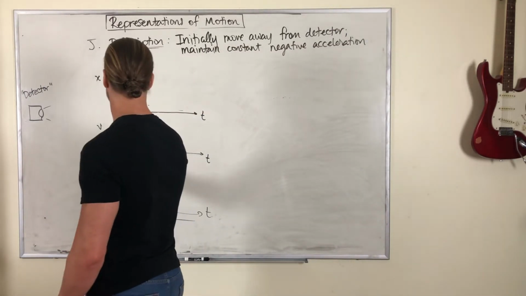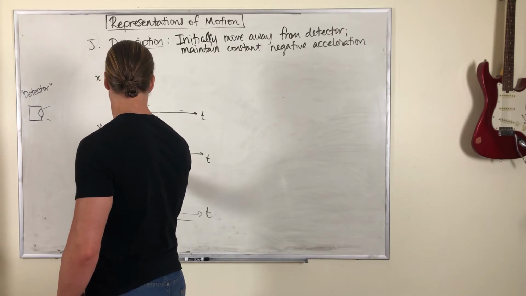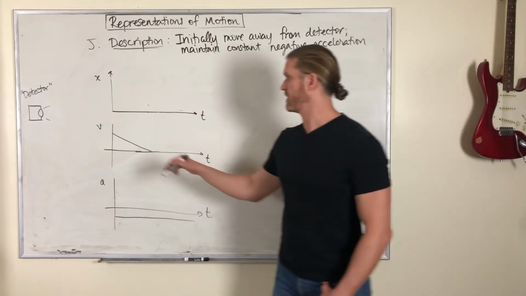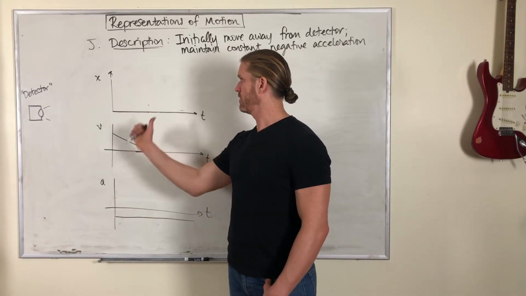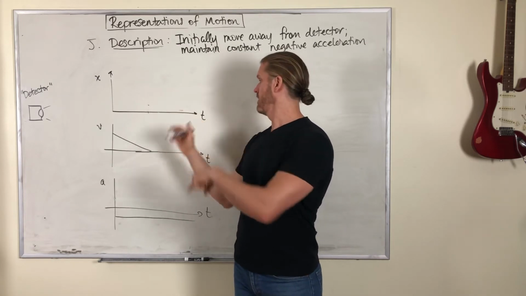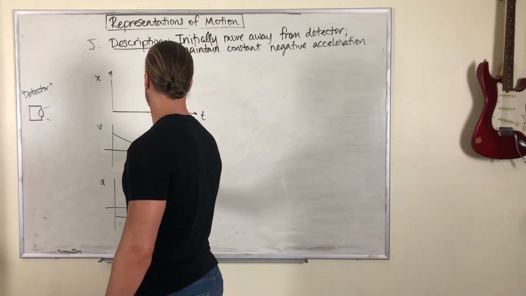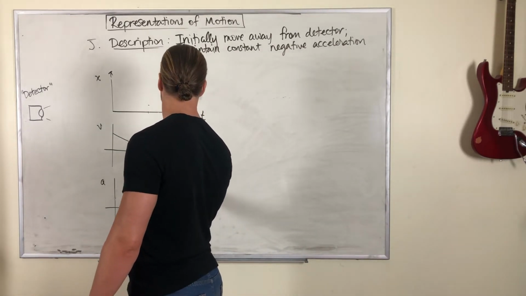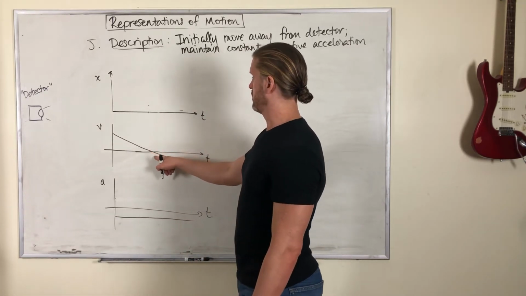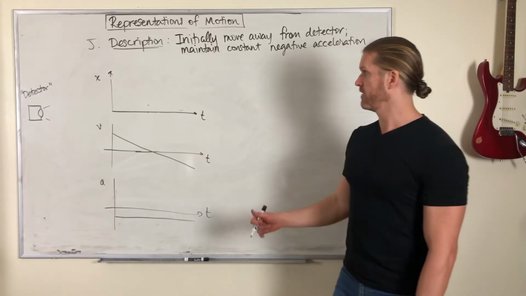So let me do it like this. We start out positive. That speed is decreasing because we have positive velocity but negative acceleration, which means at some point we're going to reach zero. And let's just continue on, where now the speed increases.